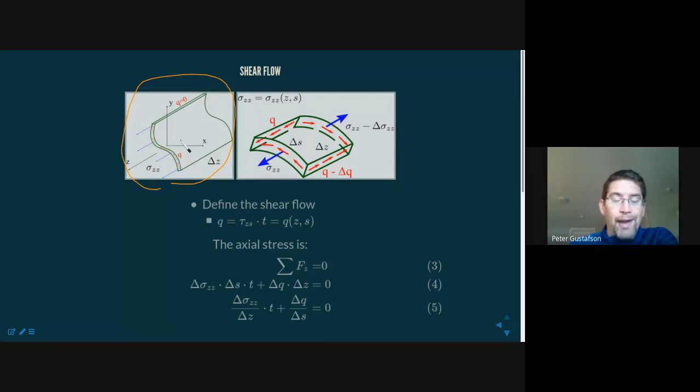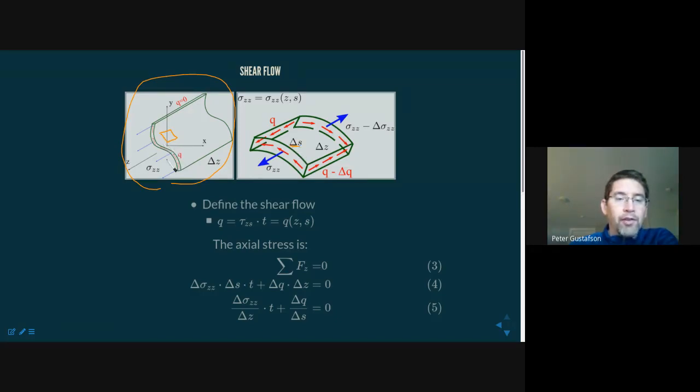Now, our equilibrium element in this context, rather than being a parallelepiped, we're actually going to take a little cut somewhere in our beam wall, such that we're getting a differential element that is of width ds, or delta s here as I've represented it.